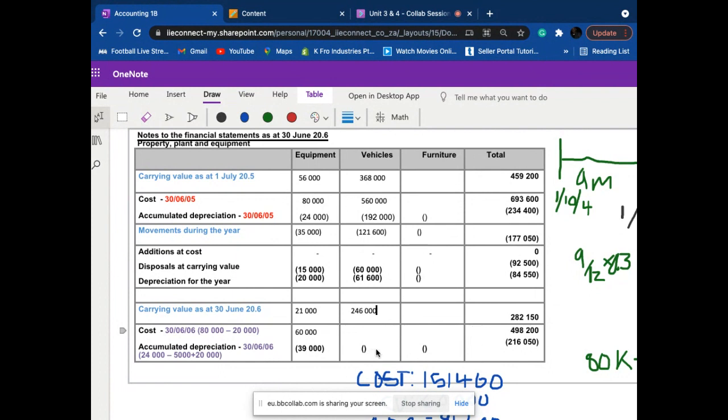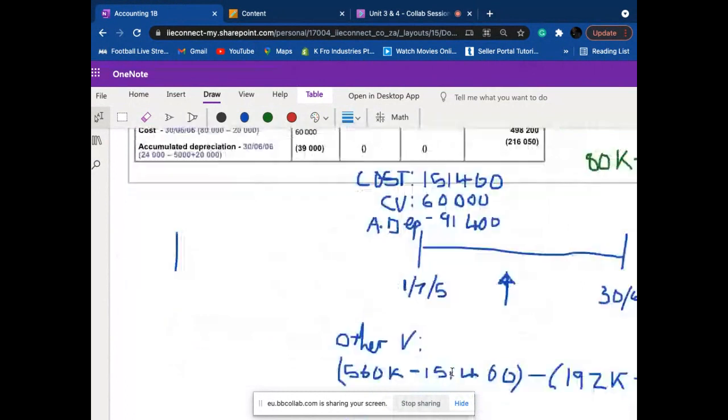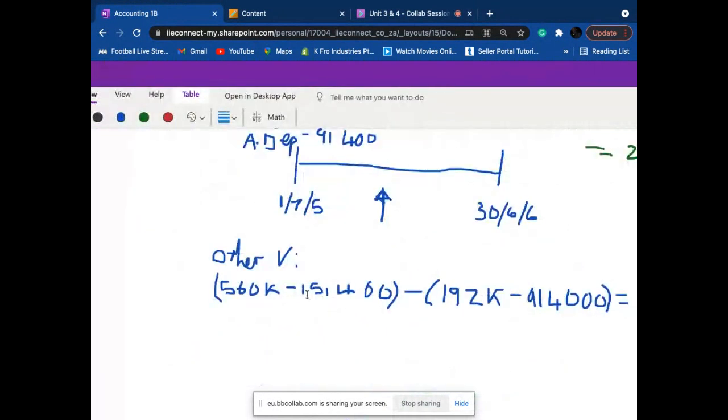All right, now obviously we have to finish up the bottom bit there. So we say to ourselves, okay, what was the cost of the vehicles at the end of our financial year? If we scroll down here, remember we're doing the reducing balance method. So here we actually calculated that.